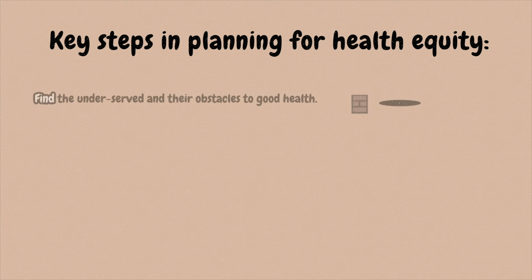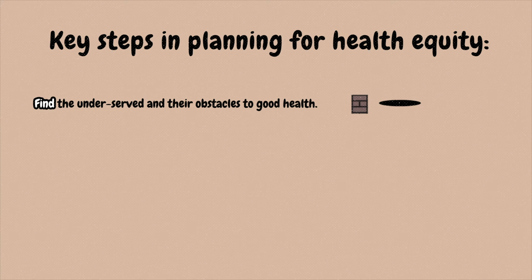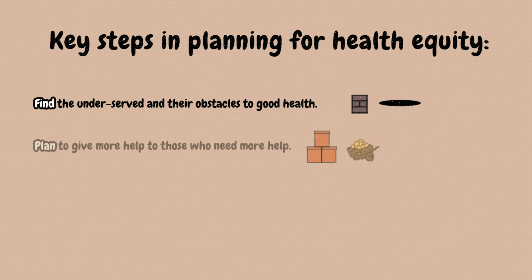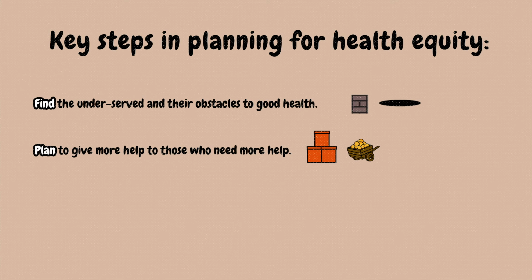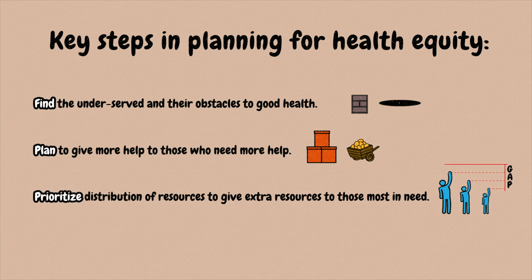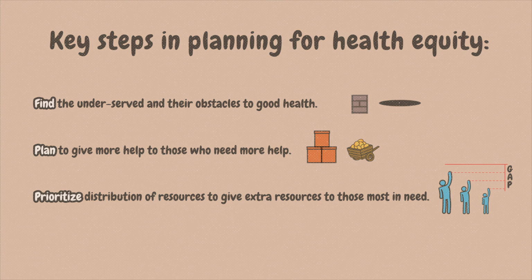To work towards improved health equity, we analyze our data to find the underserved and understand their obstacles to good health. We develop plans that match the amount of help to the need for help. And we prioritize distribution of resources to give extra resources to those most in need.